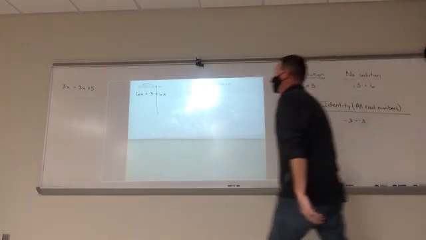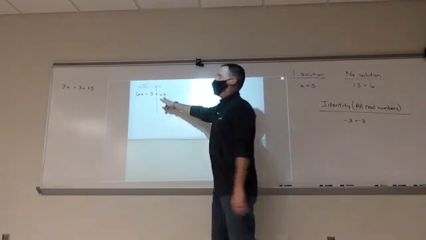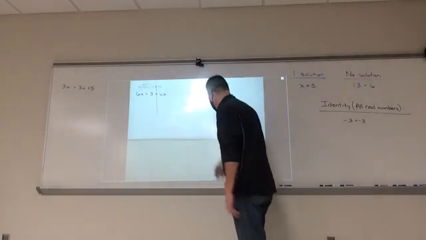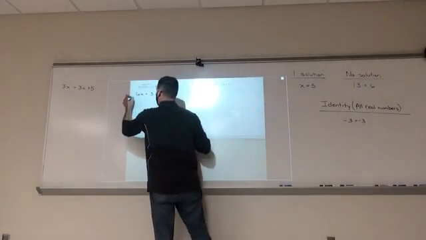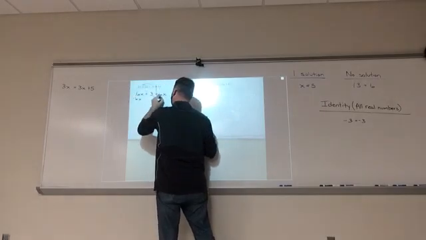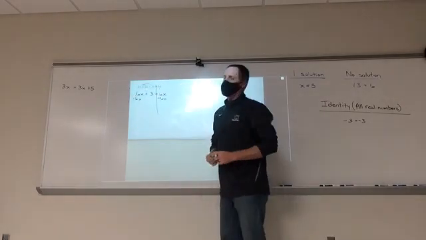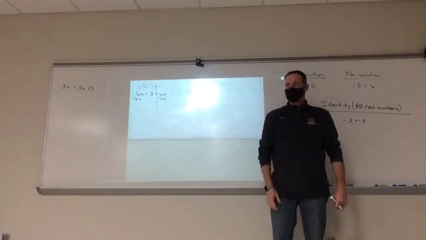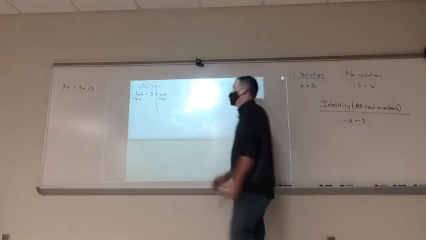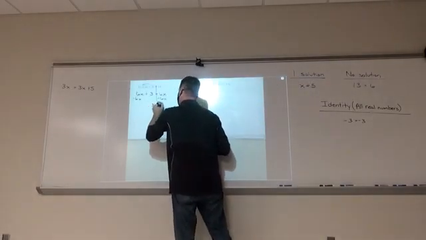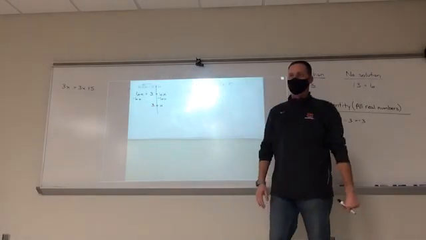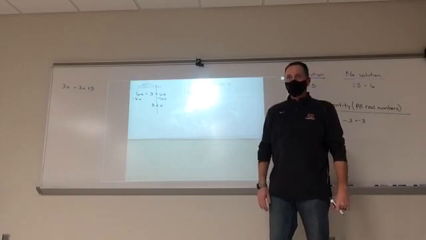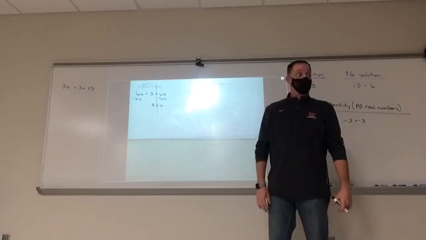So if I want to move this 6x over to here, what do I need to do? We need to subtract it. So we're going to subtract 6x here, we're going to subtract 6x here. Now, here's what always baffles me. Don't write this down, but this is what I'm going to see a lot of you do. 3 equals x, and you're going to move on and be done. No. Okay? A lot of people do that, though.